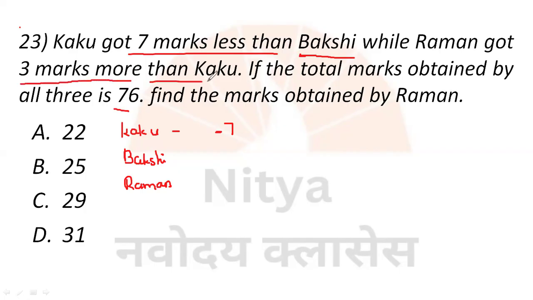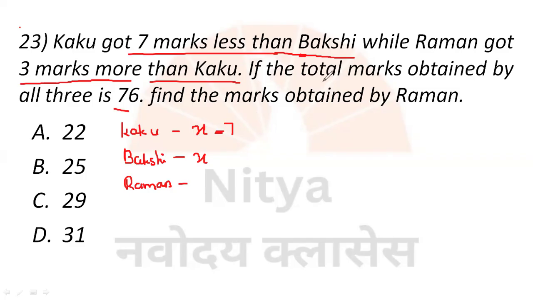So you can take Bakshi's marks as X. Let Bakshi's marks be X. So Kaku's marks is 7 marks less than Bakshi, so X minus 7.